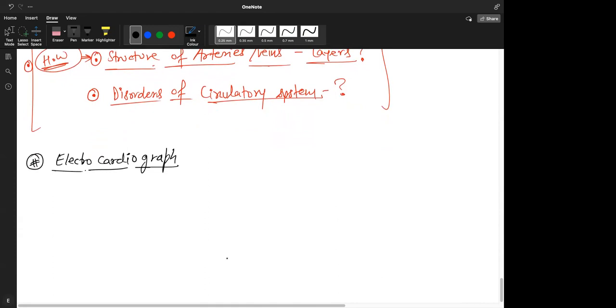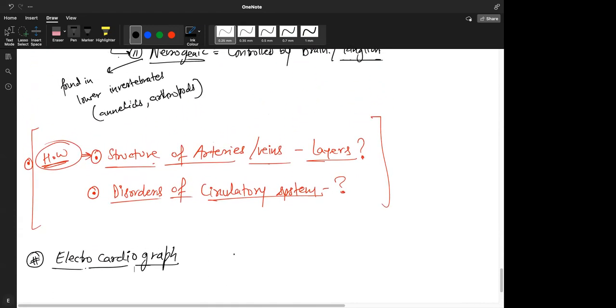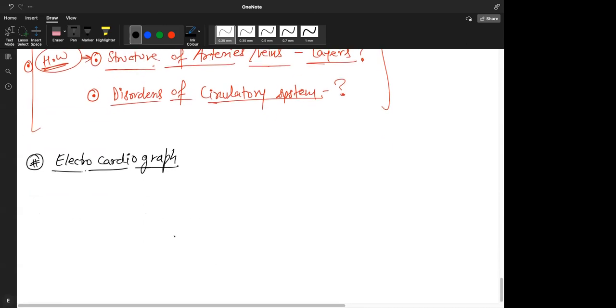Okay, that's good, which means everything is very good in your body. But once in a while you should get your ECG done, because many things in the heart you do not know till some problem starts arising. If you go to a cardiologist just to check that your heart is fine, they will say okay, everything is fine.